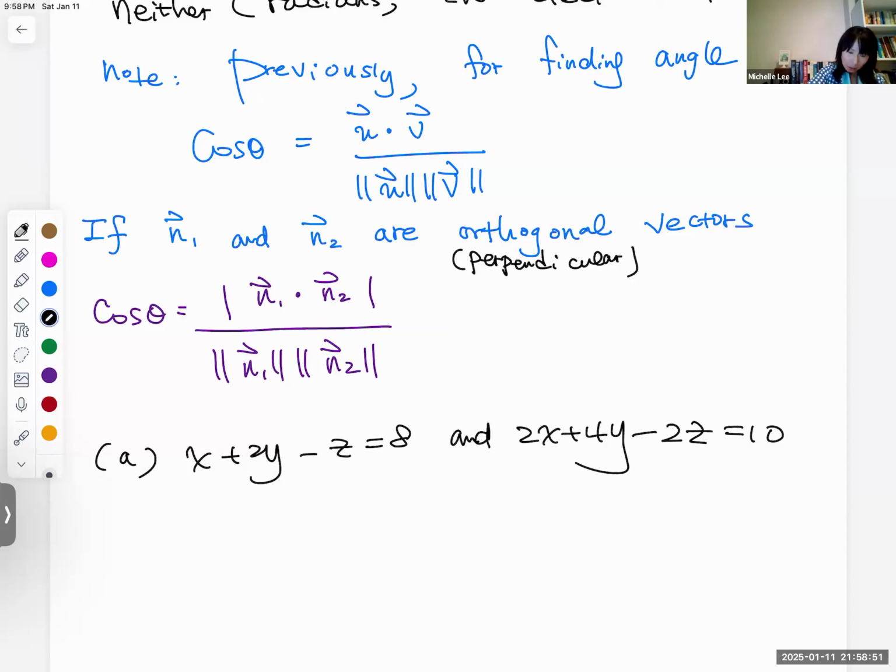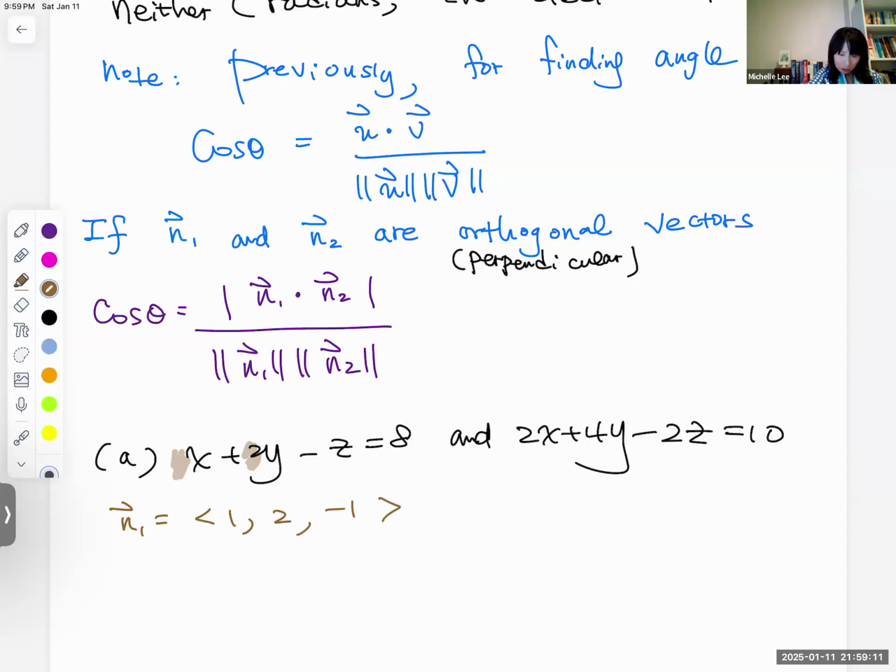So the normal vector n sub 1 is 1, 2, negative 1.